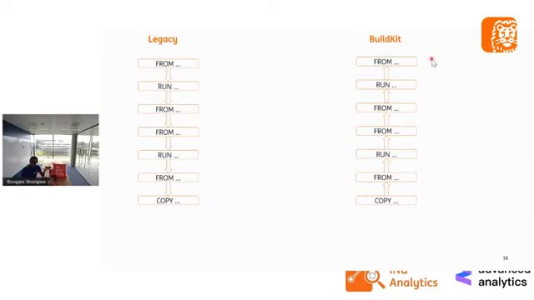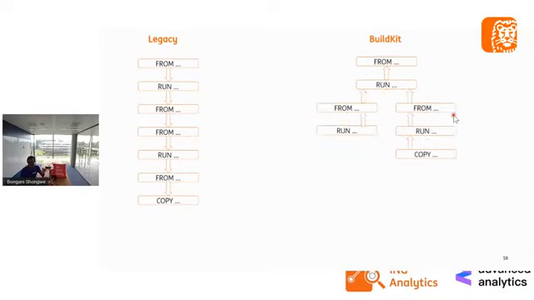It creates a tree, and it tries to identify unneeded stages or stages which can be parallelized. So it can actually identify that it can run these sets of stages in parallel next to each other.